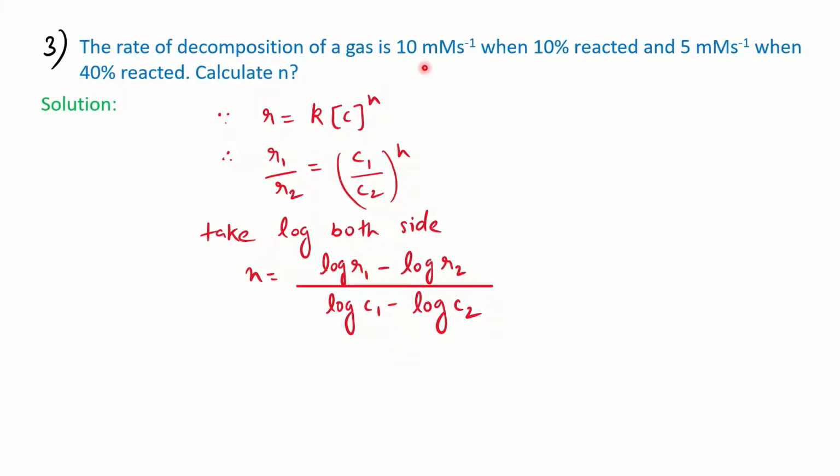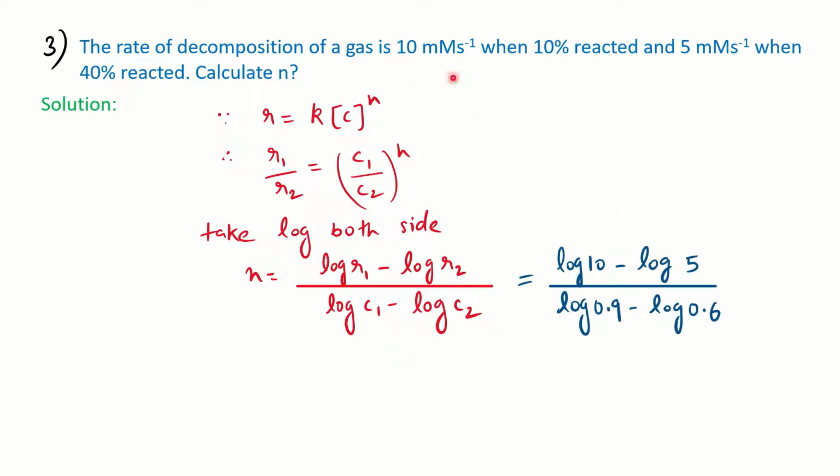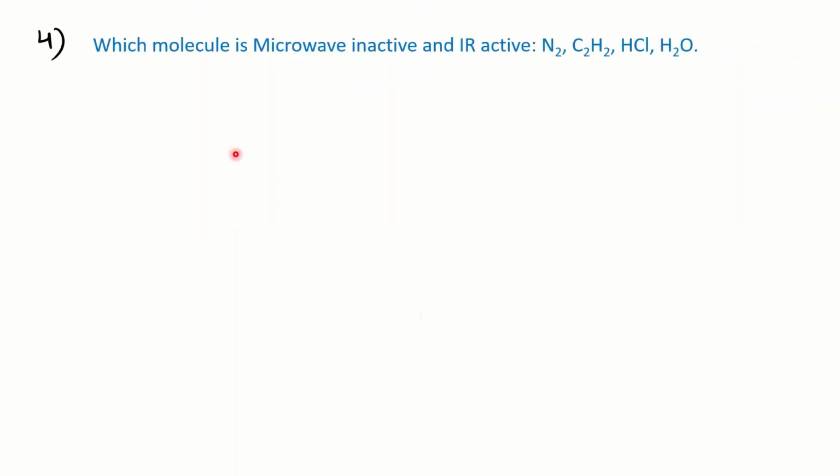R1 rate is given which is 10 here and R2 is given 5. At concentration C1, they have given that 10% reacted means 90% is left, so 90% is 0.9 and 40% reacted means 60% is left, so you can write 0.6 here. After solving this, you can find the figure and that is 1.71, and this was mentioned in one of the options. So if you are familiar with the formula, it is very easy to solve the chemical kinetics problem.